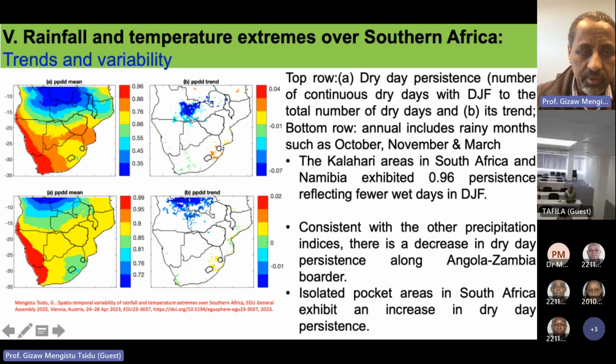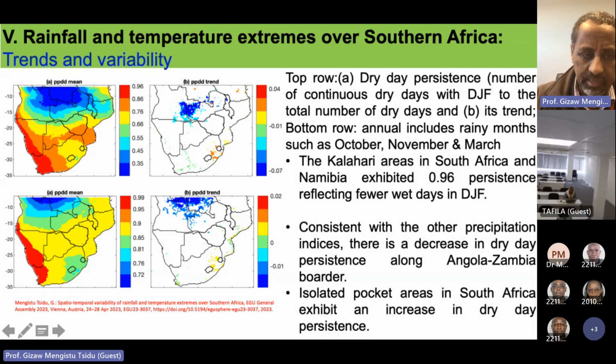And as you go down, then you have only few days which are dry continuously. So based on this, for instance, for December, January, February period, the northern part is wet because it has a dry day persistence less than 0.35.